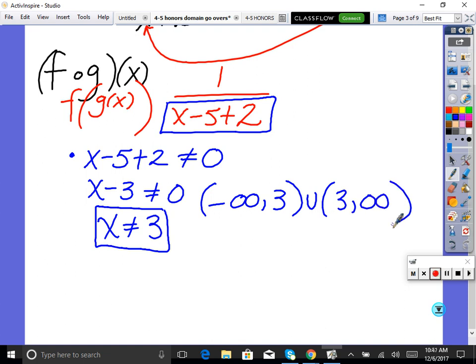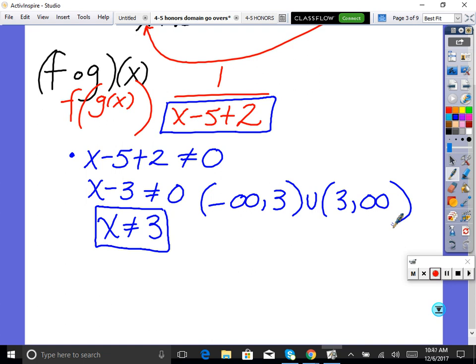Now in calculus, you're going to be given this and asked to perform calculus, which we'll learn later, and you're going to have to think about what the domain looks like so that you know what the graph looks like. So don't we know it's going this way forever and this way forever? And then as it comes up to 3, there's got to be like an asymptote, right? It's not touching 3. So it's either going like this or like this. Does everybody see how that would be helpful to know?